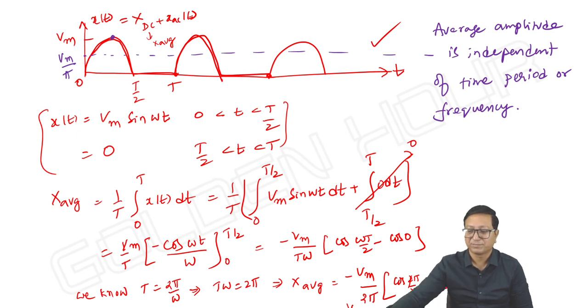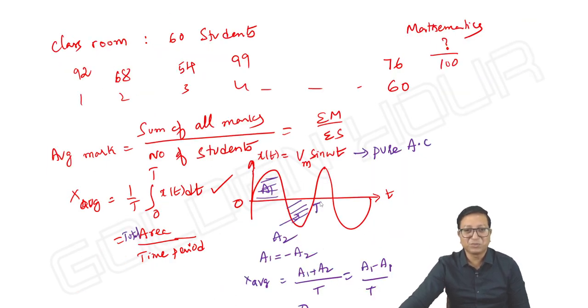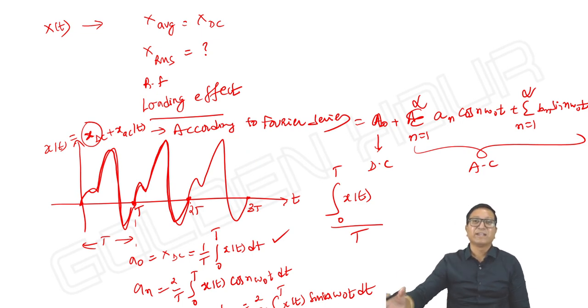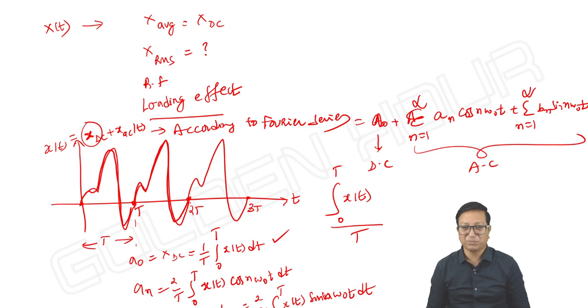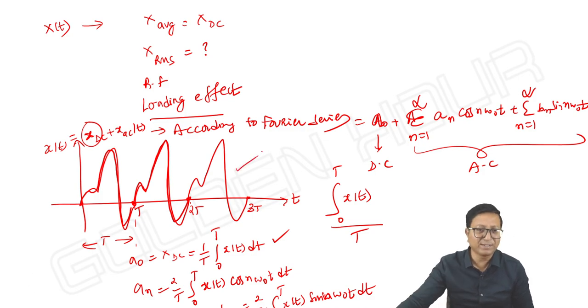But the AC component we can't see. DC you can represent by means of an imaginary line, but is it possible to see the AC component? It is not possible, because we have to use the Fourier series expansion to find An and Bn. It has an infinite number of sine and cosine terms. After adding all those signals, we can see the overall signal to be something like this. That's the meaning of it.